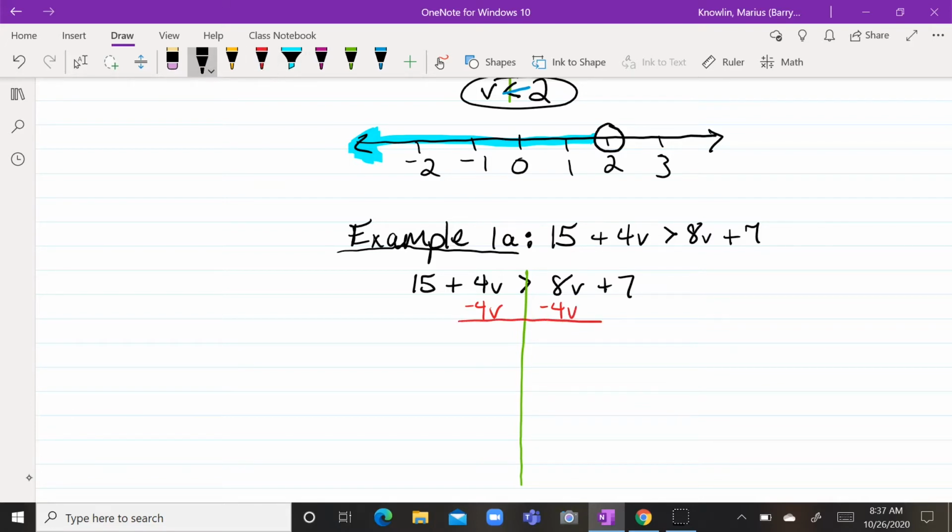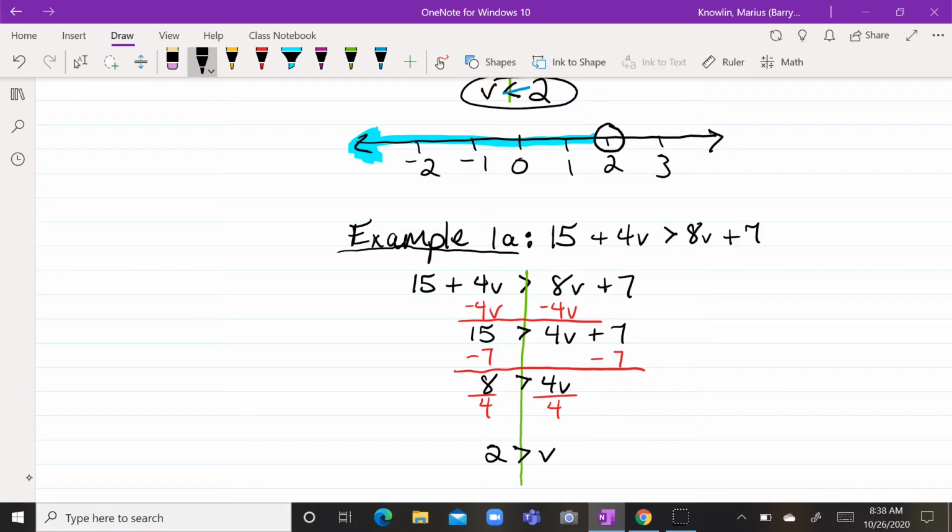That would give us 15 is greater than 4v plus 7, and then we subtracted 7 from both sides, and that would give us 8 is greater than 4v, and then we divide everything by positive 4. And that would give us positive 2 is greater than v.